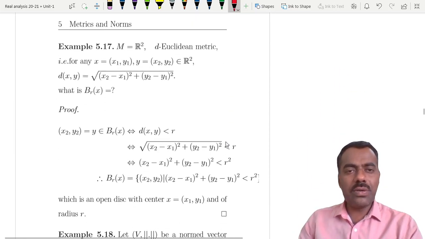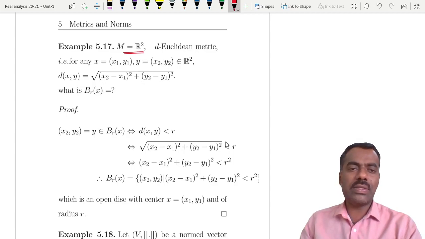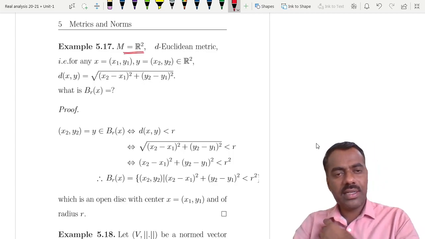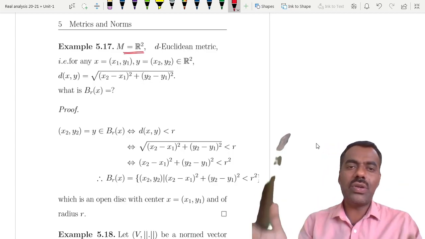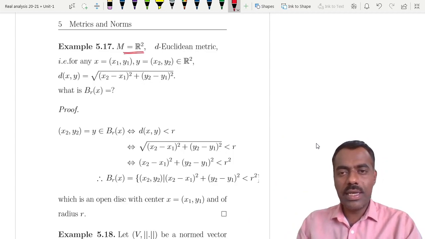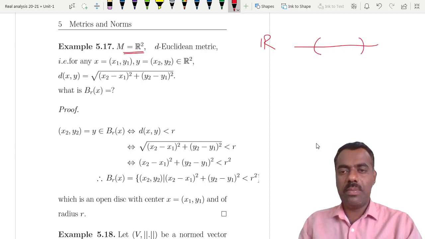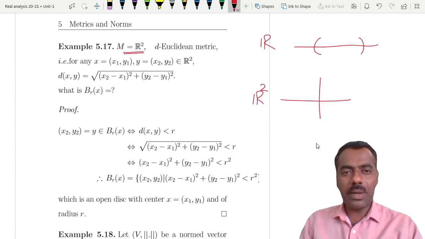If you take M equal to R2 with Euclidean metric D, that is what is meant by the Euclidean metric: the square root of (x2 minus x1) squared plus (y2 minus y1) squared. Then one can easily check, or at least guess, what your open balls in R2 should be. In R, you have a real line and these are all open intervals, right? But when we have R2, what should your open ball look like?